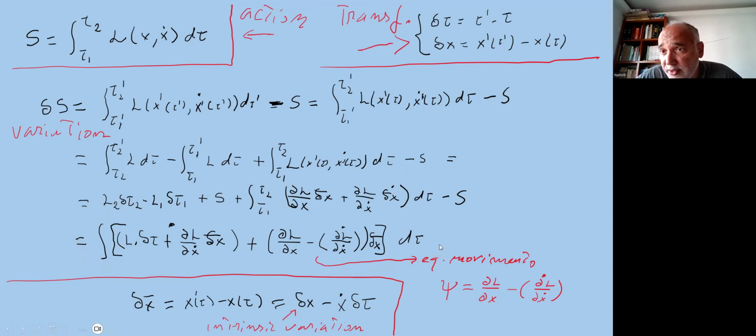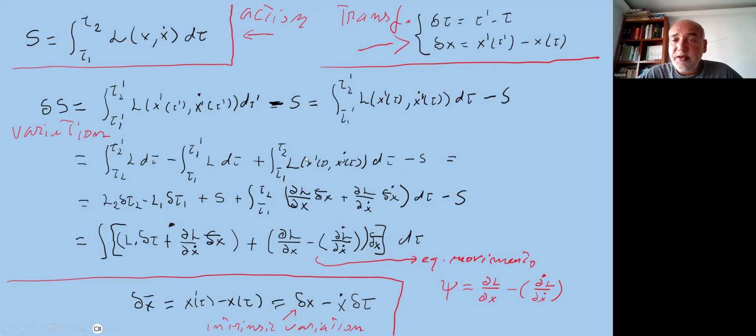Here we are not doing anything, we are just computing the variation. And then you get these two terms. You have here a total derivative, and you have this term which is proportional only to the variation of the field variables. So now from this result, you can take two consequences.